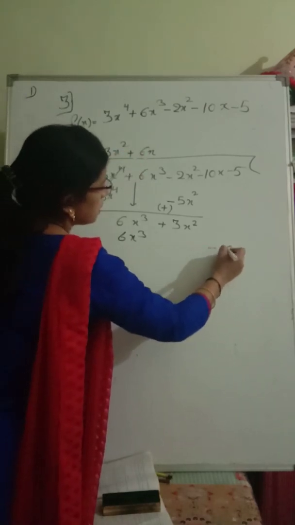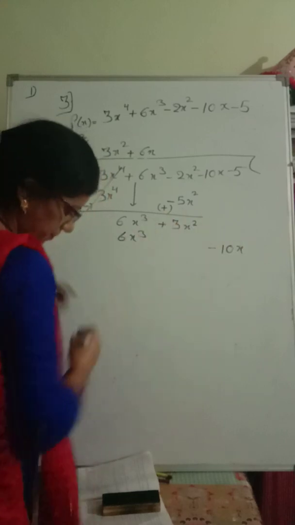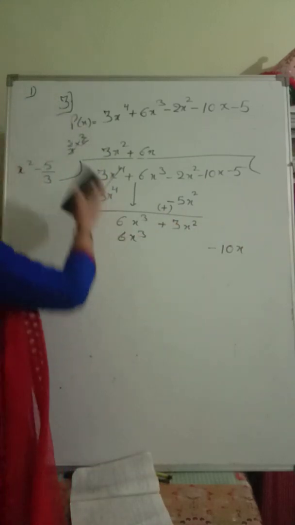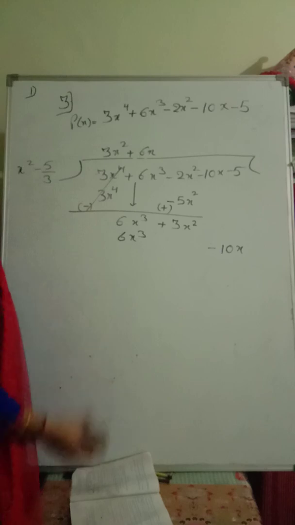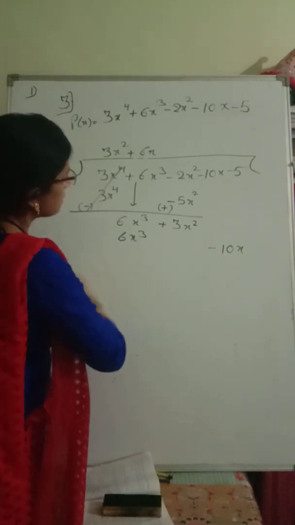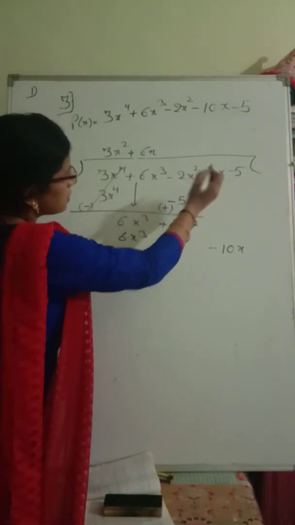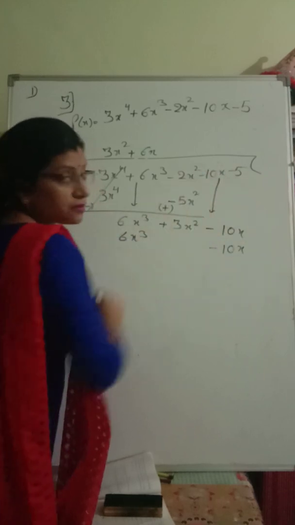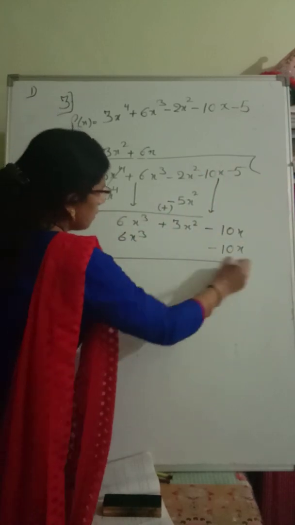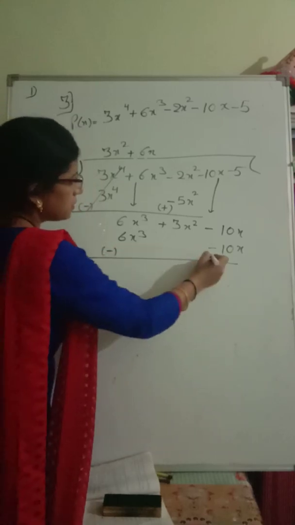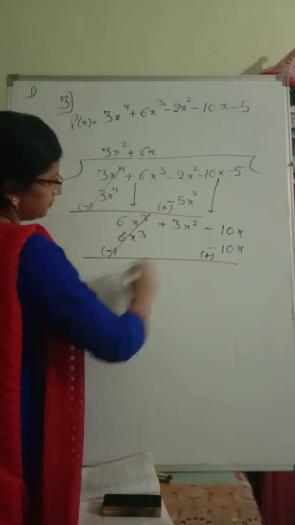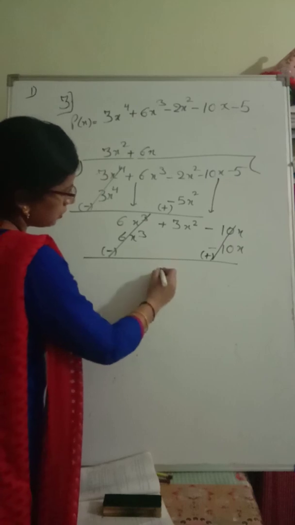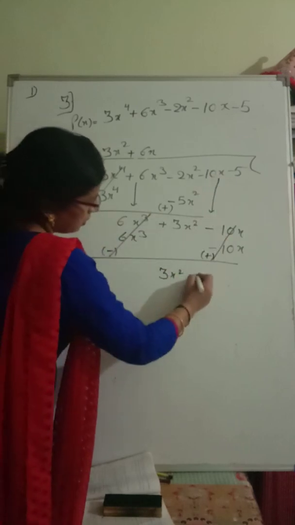So minus 10x, because this is x square. So separately I have written minus 10x. Then 10x, this I have noted down. This is done. Minus 10x. Only minus 5 is left. Cancel it out, minus plus, done, cancel out. 3x square is left, then minus 5.